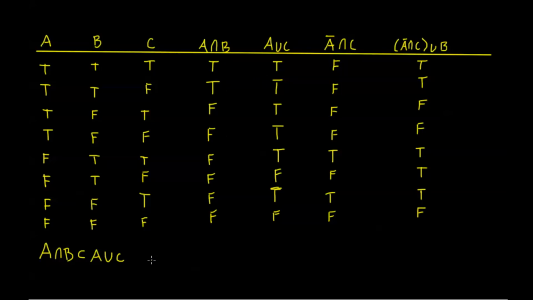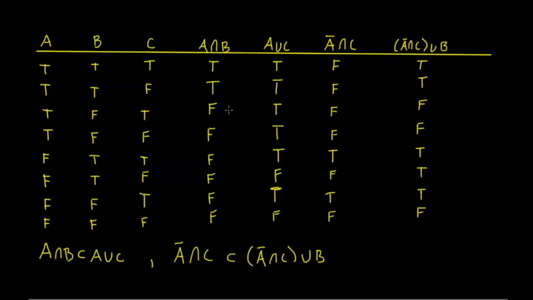Let me make a couple other observations. A complement intersection C is going to be a subset of A complement intersection C union B, right? Just looking at these last two columns, I see that everywhere that this column is true, it's also true here. So I have this subset relationship between these two sets.